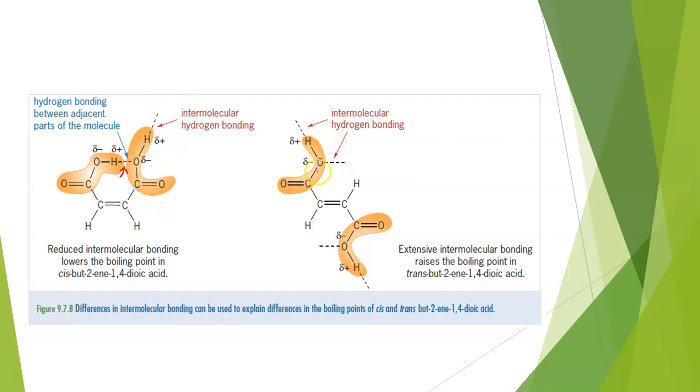Whereas if they were trans, these hydrogen bonds would not form within the molecule. We would have extensive intermolecular bonding, so we would have a higher boiling point here. Less interactions between molecules means lower boiling point, more interactions between molecules means higher boiling points.